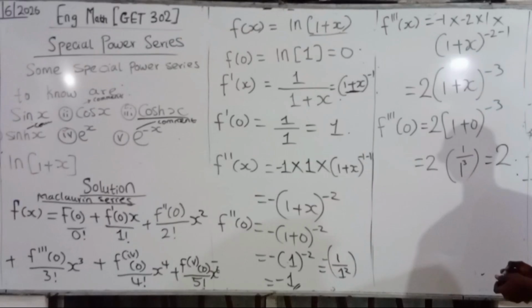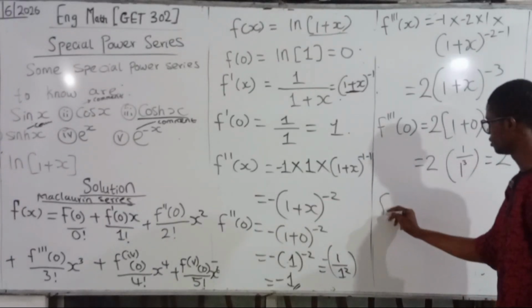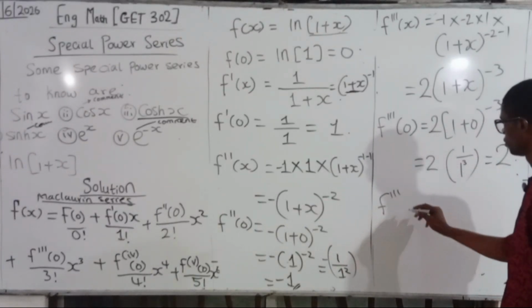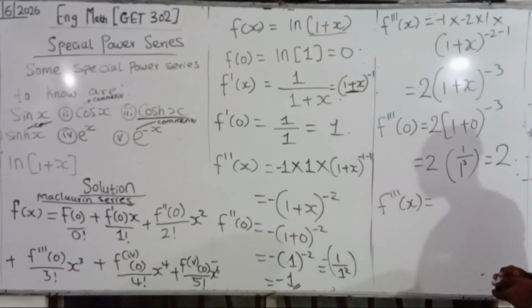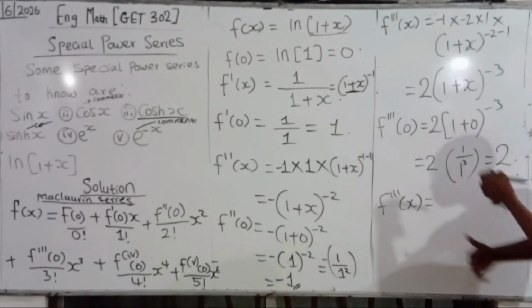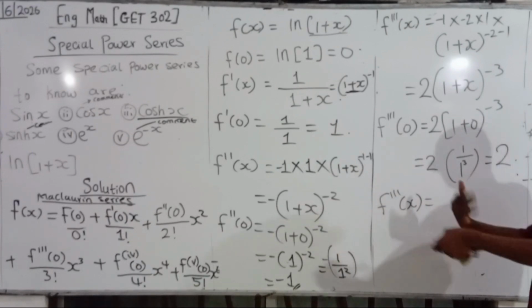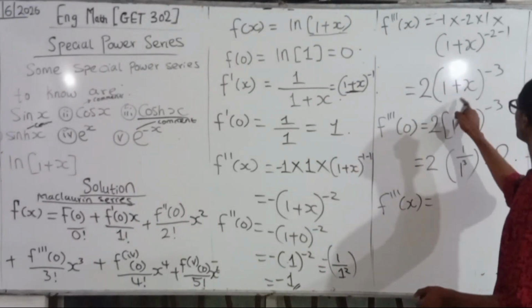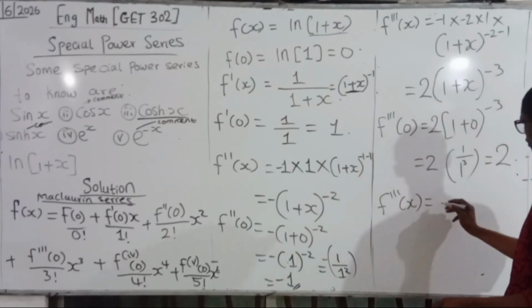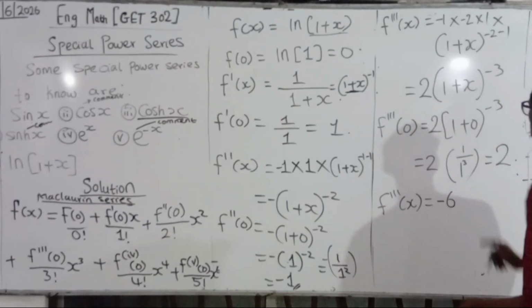So let's take the fourth one, f triple prime of x. I think this will be the last one, so that the video doesn't become too long, but the process continues. So we are differentiating here. You multiply this by this, you have minus 6.